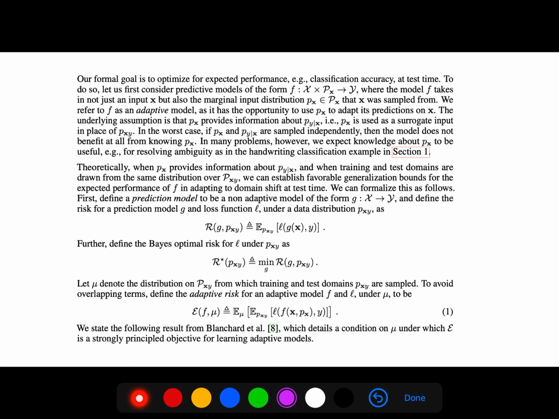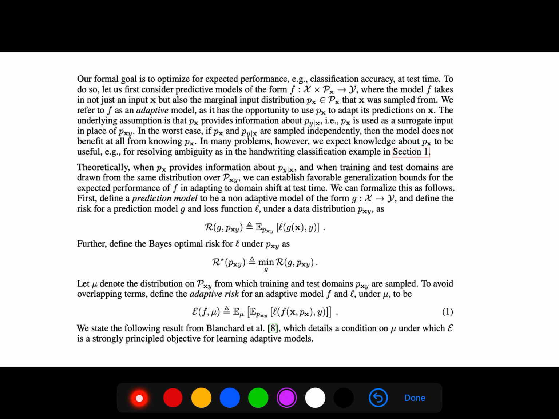We refer to F as an adaptive model, as it has the opportunity to use P sub x to adapt its predictions on x. The underlying assumption is that P sub x provides information about P of y conditioned on x.